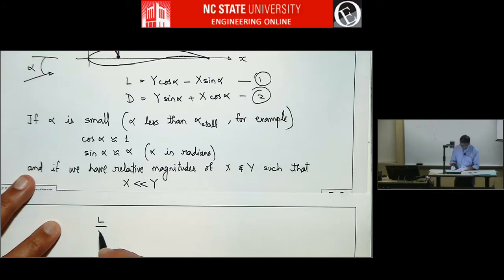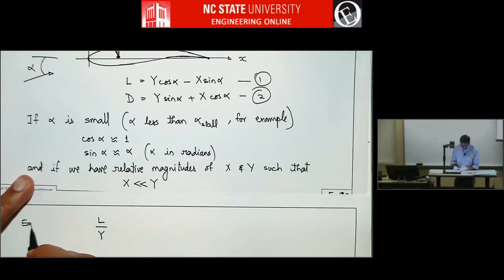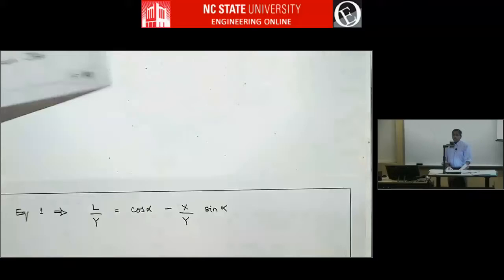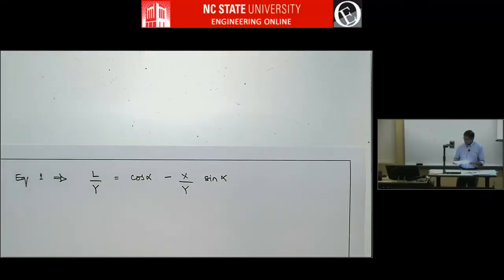So L over y is cosine alpha minus x over y times sine alpha.